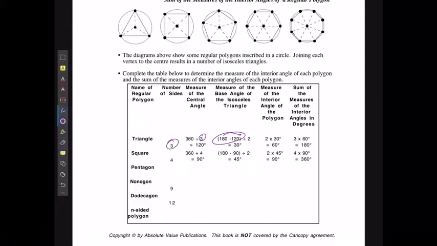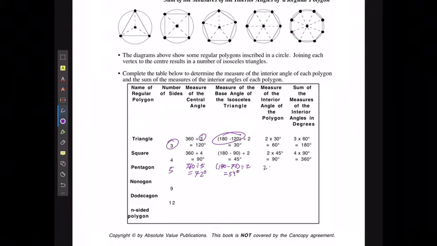So, if I have a pentagon, I have 5 sides, which means I'm going to take 360 divided by 5, and that's going to give me 72 degrees. If I take that 180 minus the 72 and divide that by 2, then the isosceles triangles inside are going to each add up to 54 degrees.